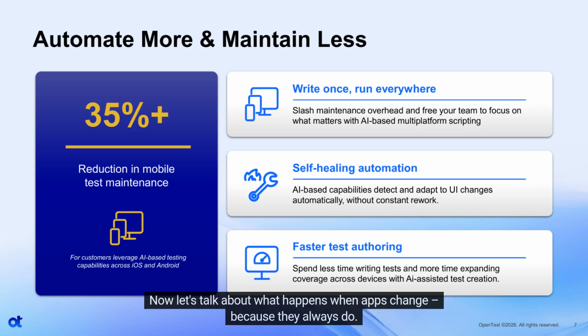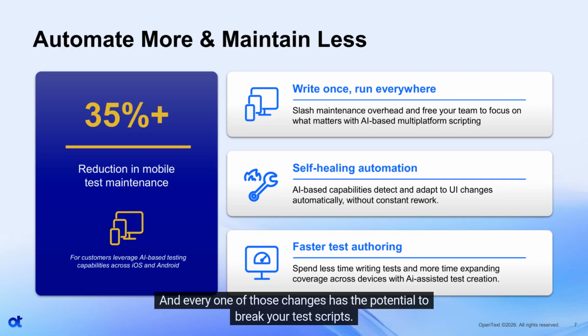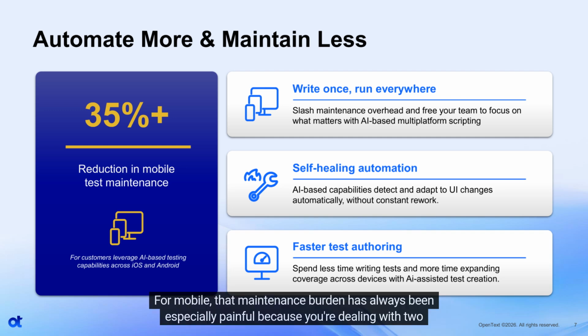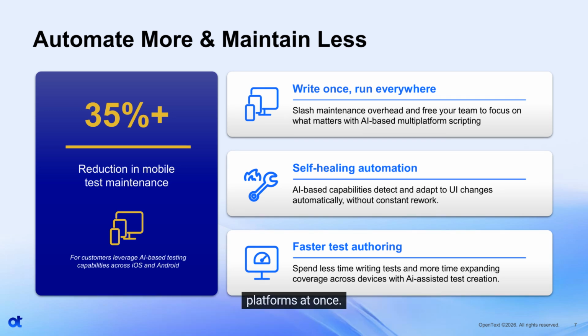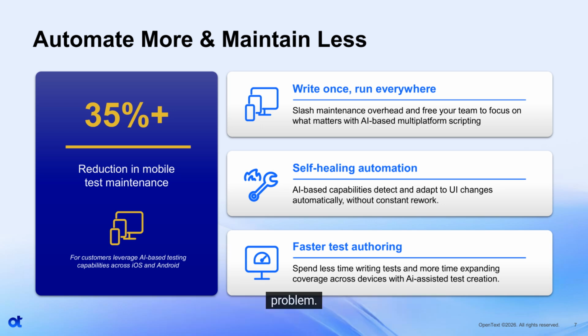Now let's talk about what happens when apps change, because they always do. This includes UI updates, redesigns, and new workflows. And every one of those changes has the potential to break your test scripts. For mobile, that maintenance burden has always been especially painful because you're dealing with two platforms at once. The AI-based capabilities in OpenText Functional Testing Lab for mobile and web are built for exactly this problem.